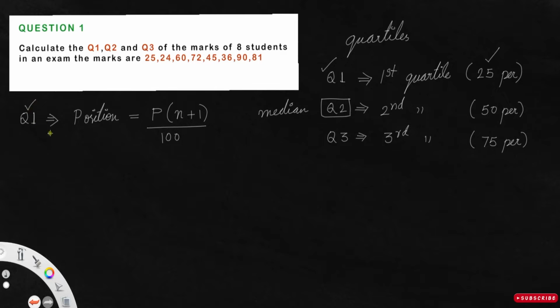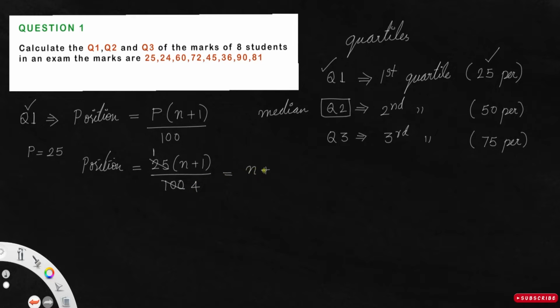For the first quartile, P is equal to 25. So the position is equal to, I can plug in the value of 25 in here, 25 into n plus 1 divided by 100. 25 in 25 is 1 times, and in 100 it is 4 times.